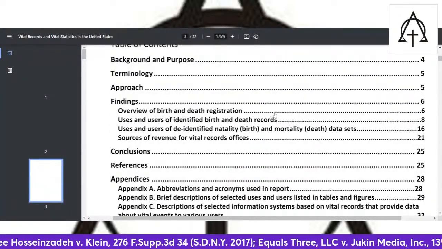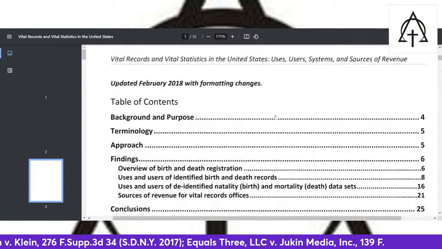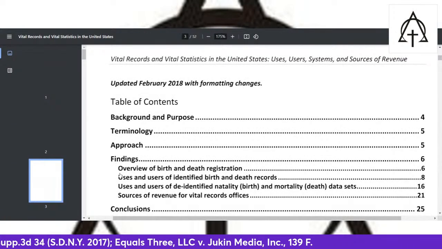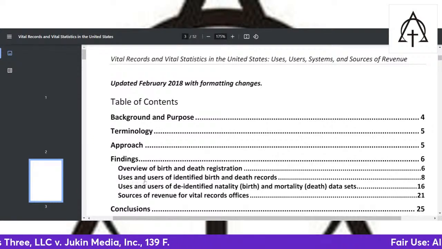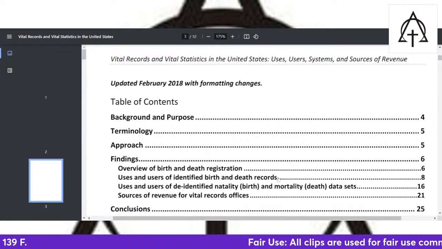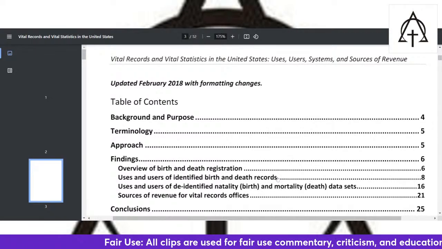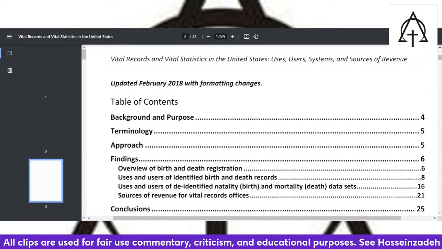This is what we're, first thing, that's what they're talking about. Findings. Overview of birth and death registration. Uses and users of identified birth and death records. Again, the individual's name and number identify the record, not the living soul, not the man.